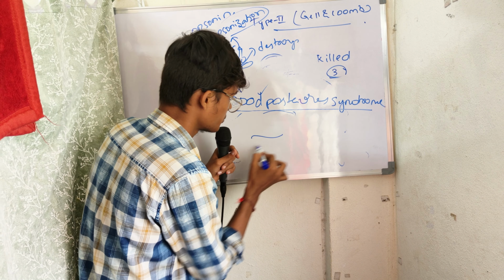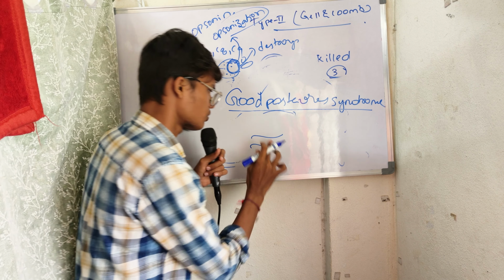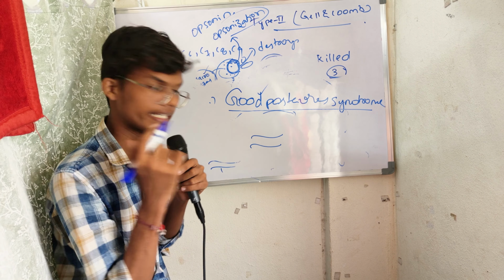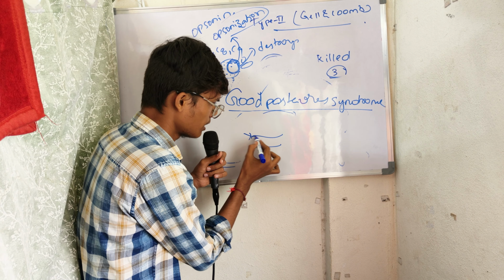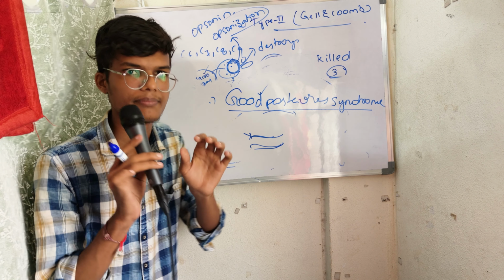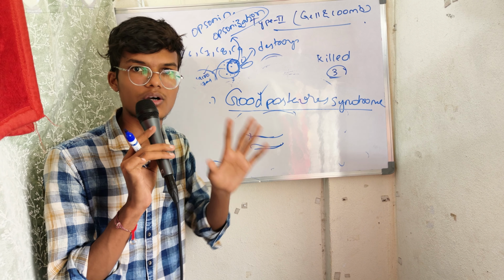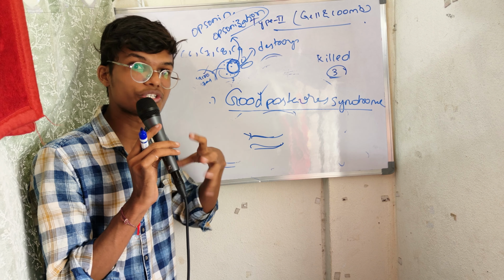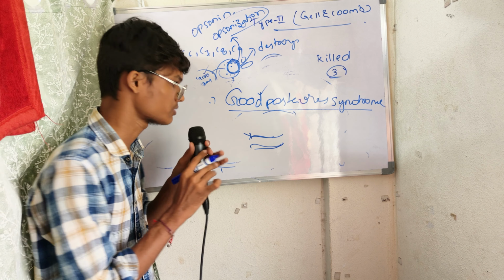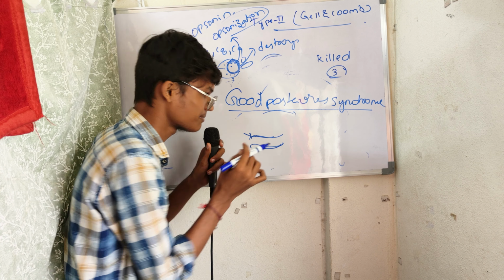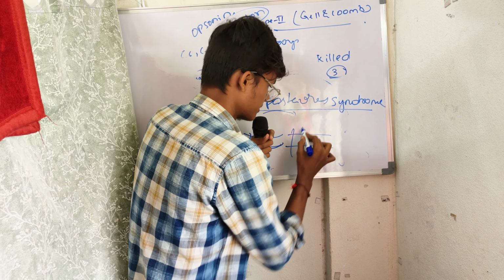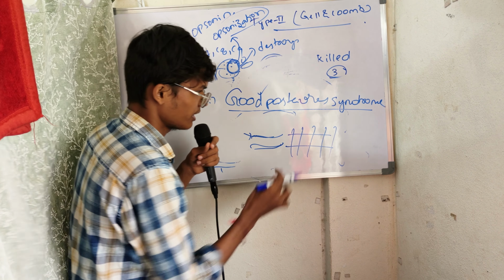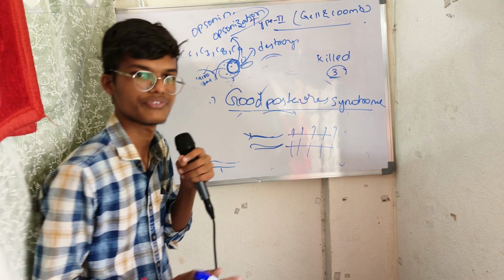The antibodies are produced against this type 4 collagen. So for example, in the kidney, the glomerular basement membrane, due to destruction of collagen by antibodies, what happens? See, if the membrane is strong and it is somewhat destroyed, it becomes weak.